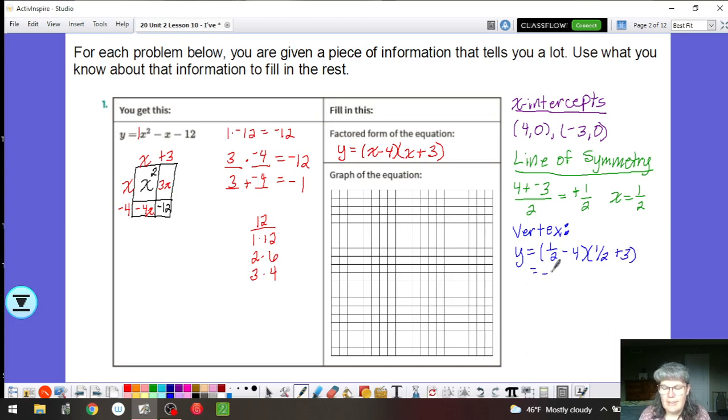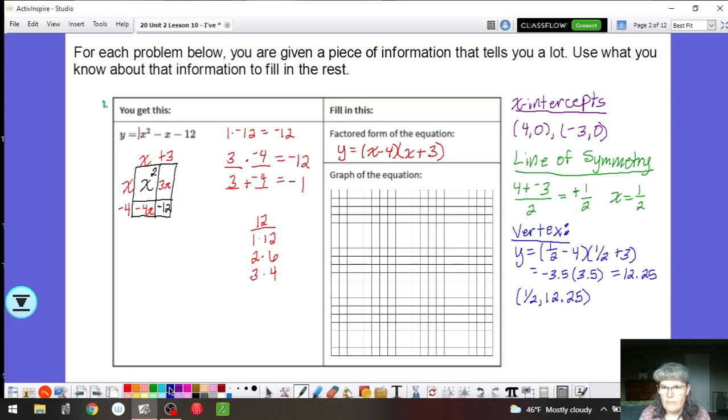That will give us negative 3.5 times positive 3.5, which will equal negative 12.25. So our vertex is located at (1/2, or 0.5, negative 12.25).